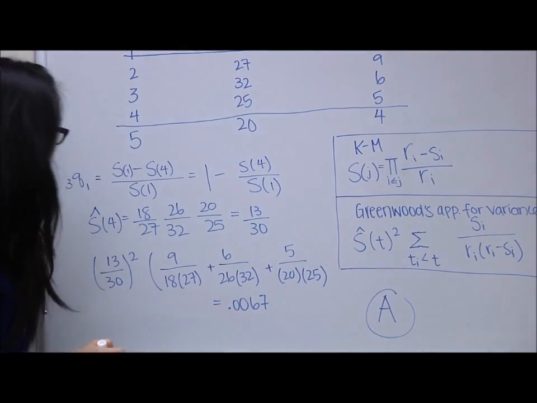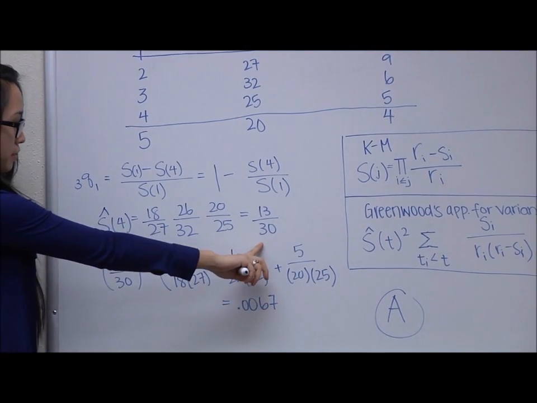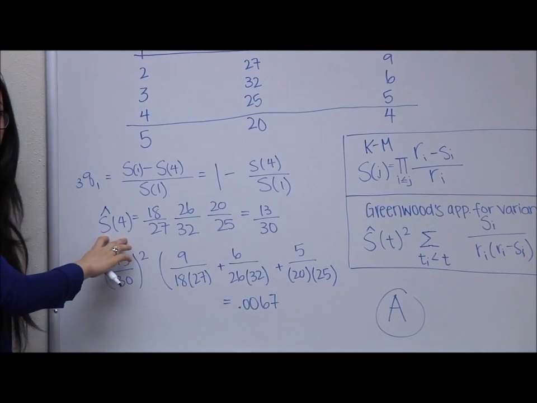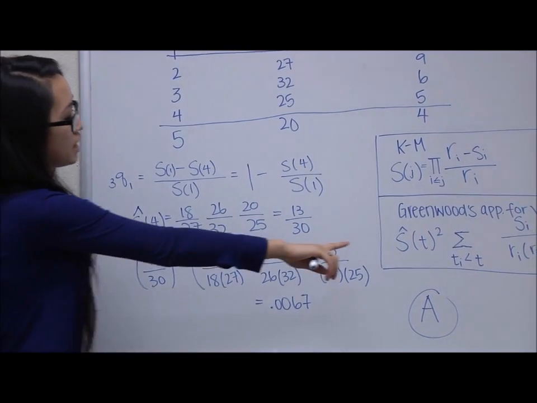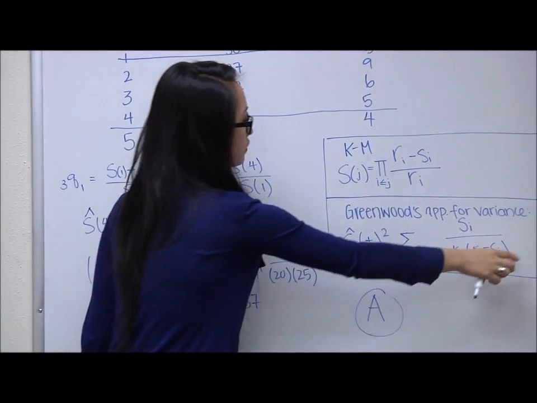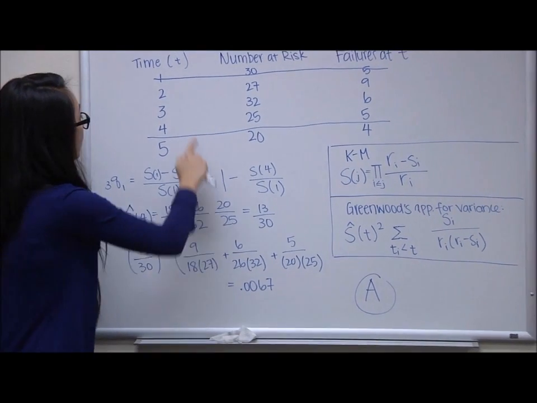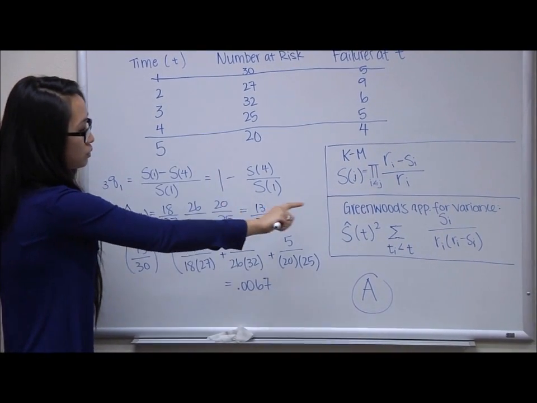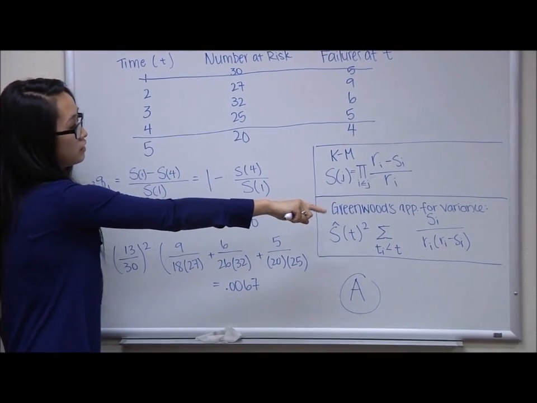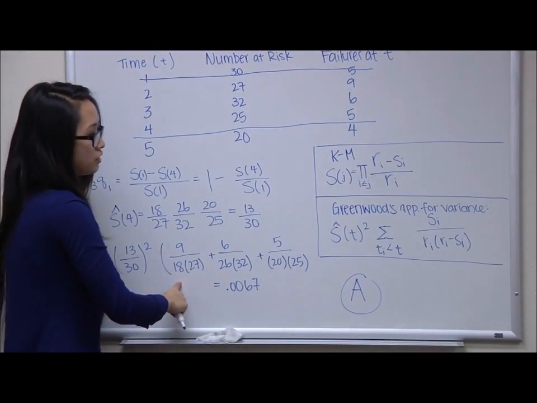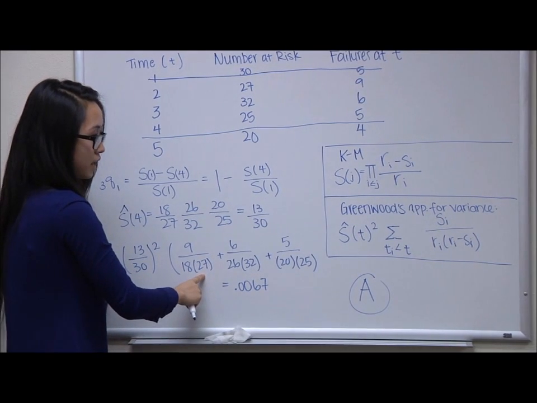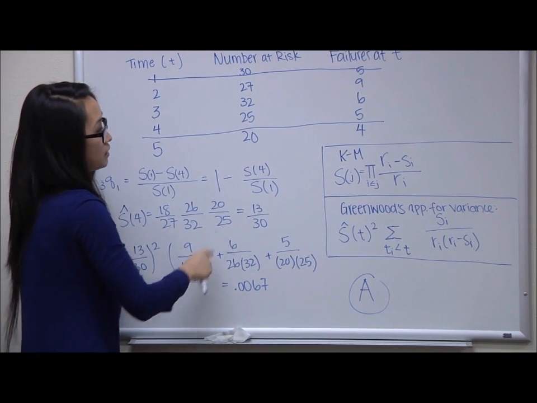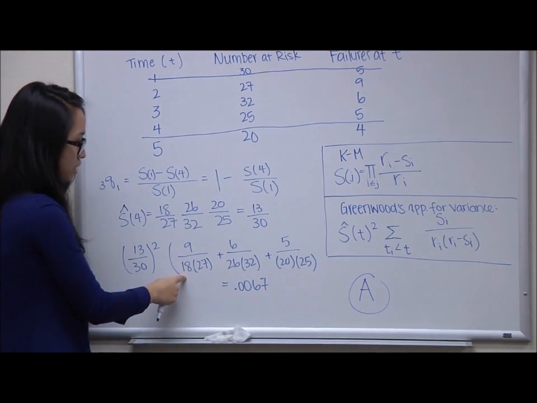Okay, cool. So here, the first part you already did. So the approximation of S of 4 using Kaplan-Meier is 13 over 30, squared. And then you take this part of the equation, and you have S sub i at time 2 equal to the number of failures, which is 9, over your risk set, which is 27, times your risk set minus your failures, which is 18.